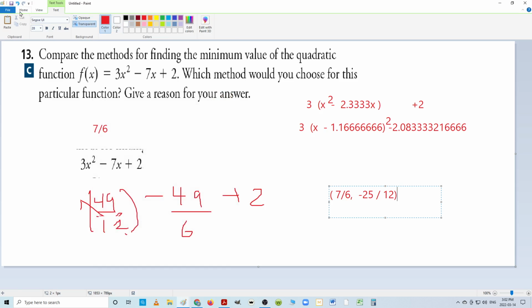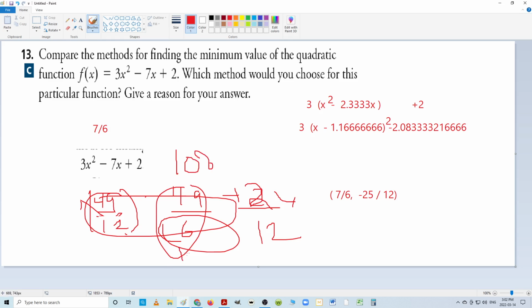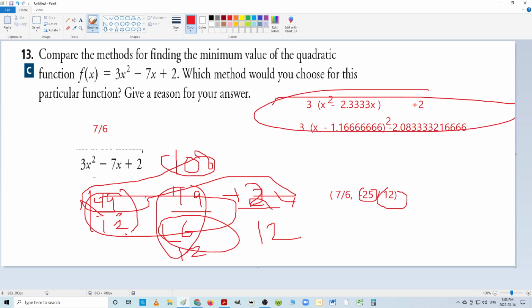I kind of like the fractions better just because I'm pretty comfortable adding fractions. You've got to make all the denominators 12. So for this one, you've got to turn it into 24 over 12. And for this one, you've got to double it, 108 over 12. At that point, you can add all the numerators, and you get minus 25 over 12. I don't know. The fractions were a little bit easier. I could have worked in fractions up here as well. I would have been working as 7 over 6 here, and then subtracting 49 over 36, and then adding 2 to it. They're about the same.